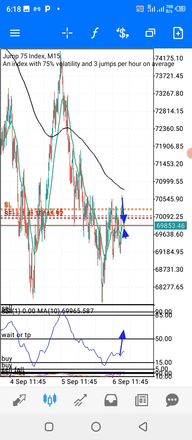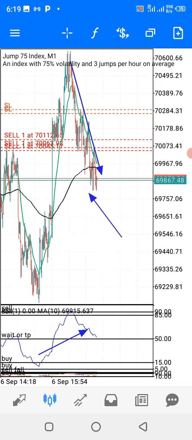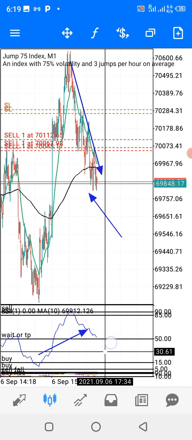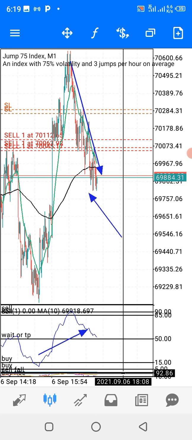Okay. Now, in this case, we are going to go back to the 1 minute time frame, and we are going to allow this trade to keep running until this moving average 10 touches level 15 or 5. Then you close.